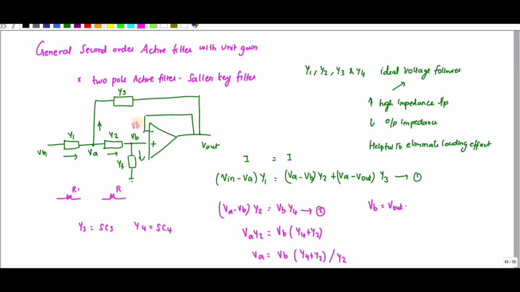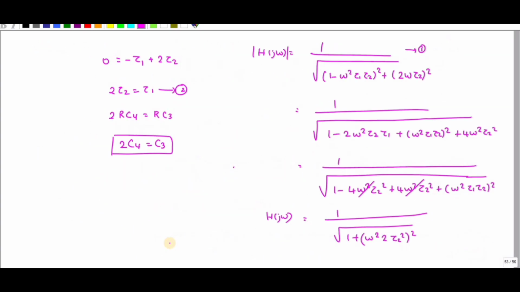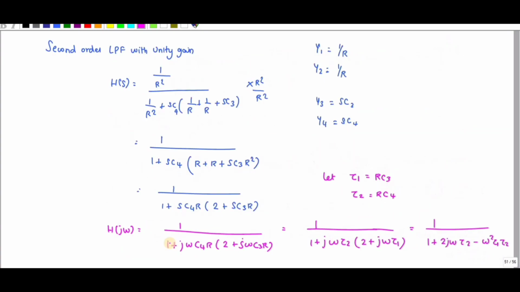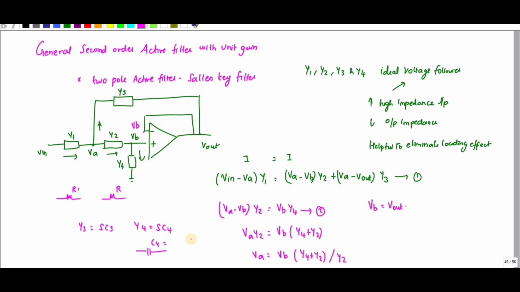I'm going to connect capacitors whose values are C3 and C4, and here the resistor values are R and R. So what is the capacitor value for Y4? The C4 value is nothing but 0.707 of C, where the C3 value is nothing but 1.414 of C.